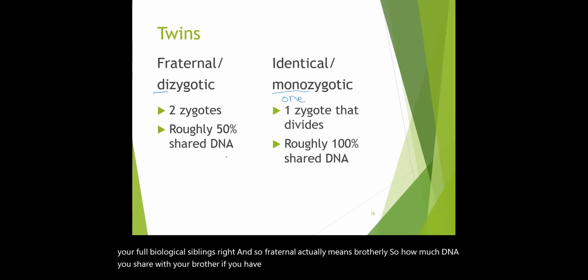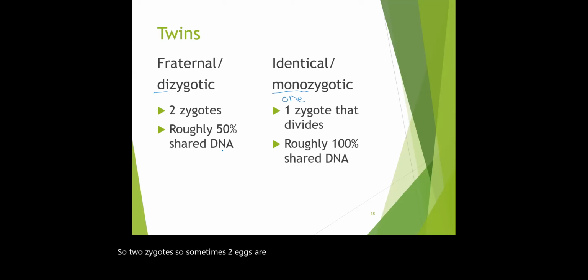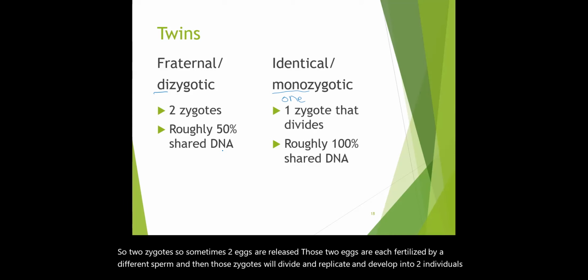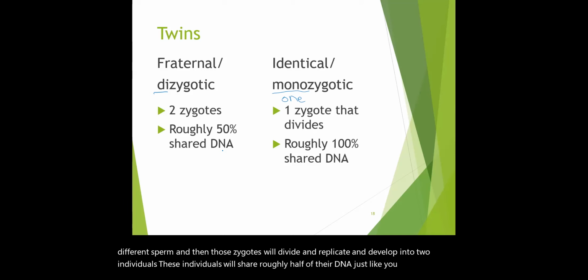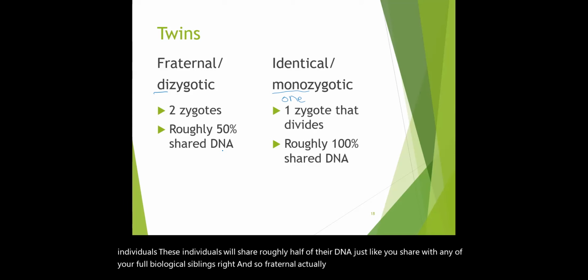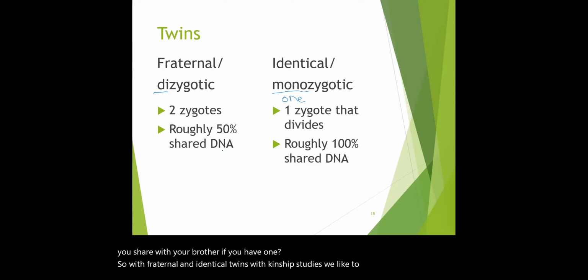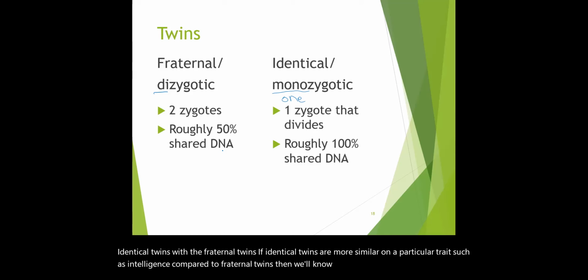So with fraternal and identical twins, with kinship studies, we like to compare identical twins with the fraternal twins. If identical twins are more similar on a particular trait, such as intelligence, compared to fraternal twins, then we'll know that genetics has more of an influence on that trait.